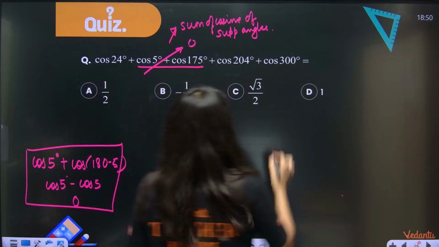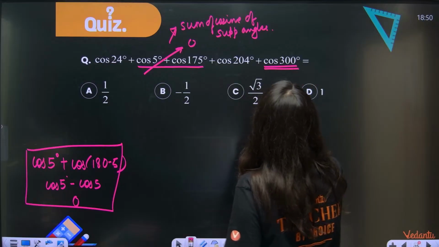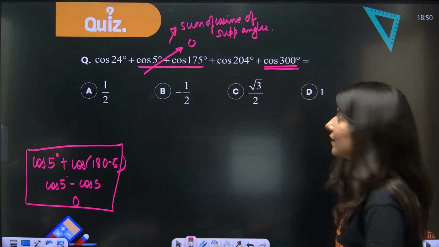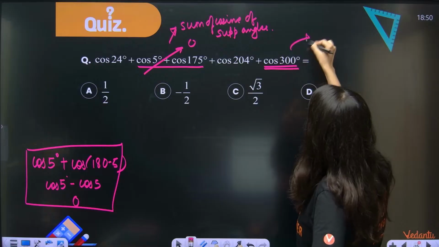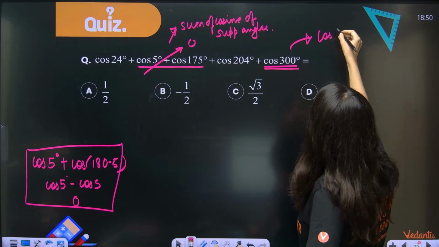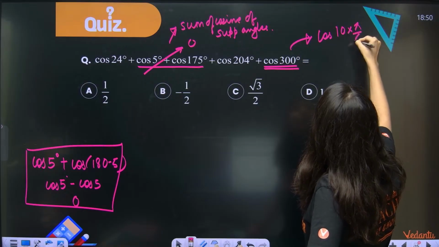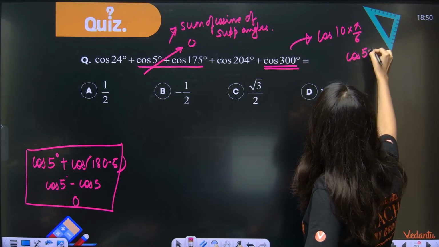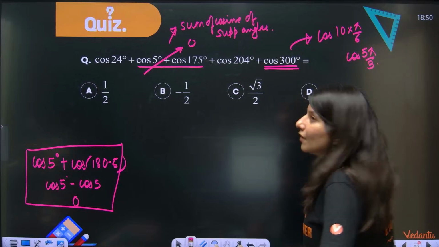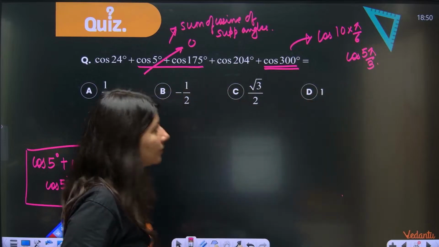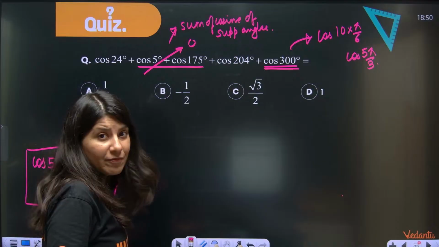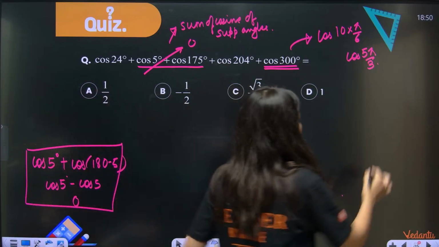Cos 300 degree is actually 30 into 10, so 10 into pi by 6. So this is cos 5 pi by 3. Do you remember that family?